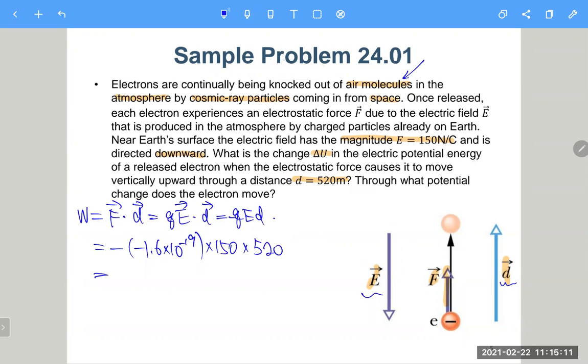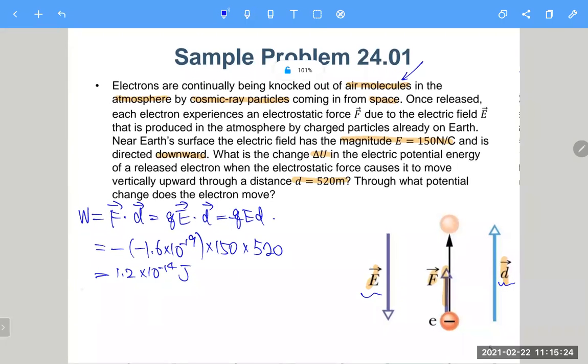So it would be 1.2 times 10 to the minus 14 joules. And delta U, what we need to find, is actually minus W. So it would be minus 1.2 times 10 to the minus 14 joules.